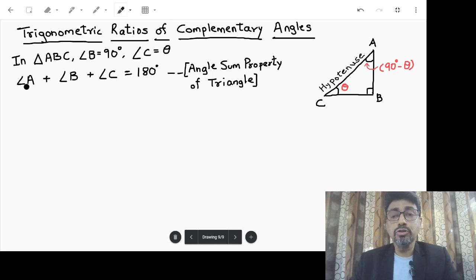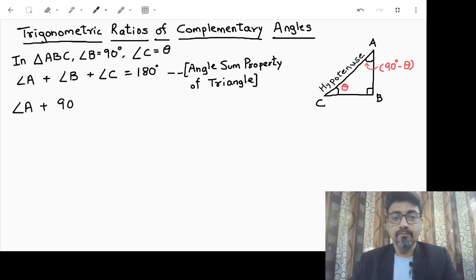Then we also know in a triangle, the sum of measures of three angles is always equal to 180. So angle A plus angle B plus angle C is 180 degrees. Angle sum property of a triangle. But if I write angle A as it is, what is angle B? Angle B is 90 degrees. What have we considered as angle C? It is theta, and the addition of the three is 180 degrees.